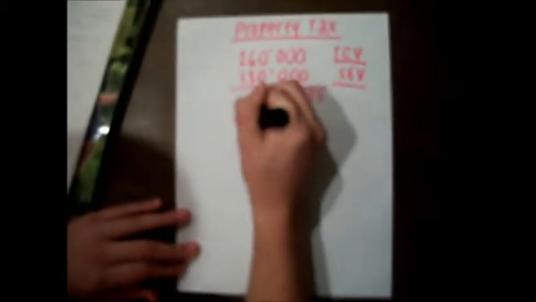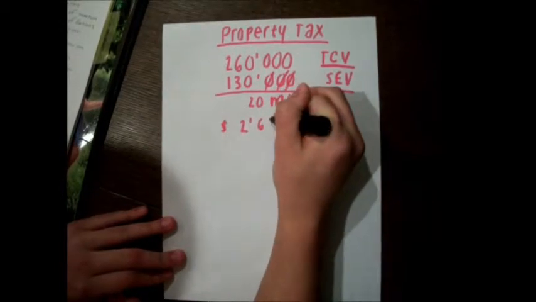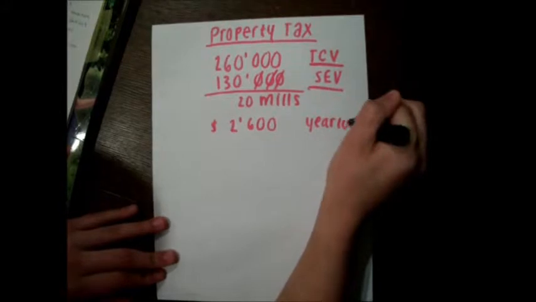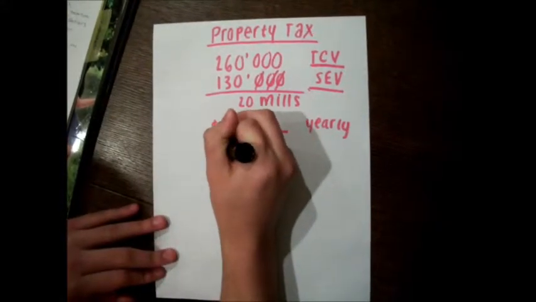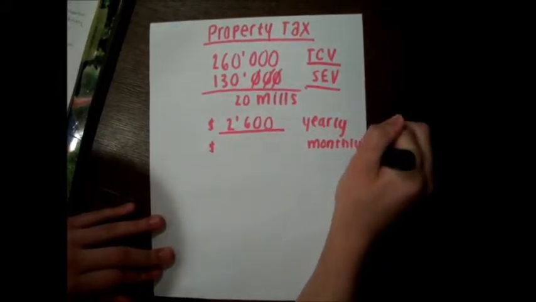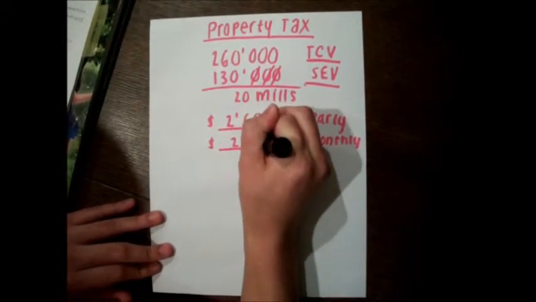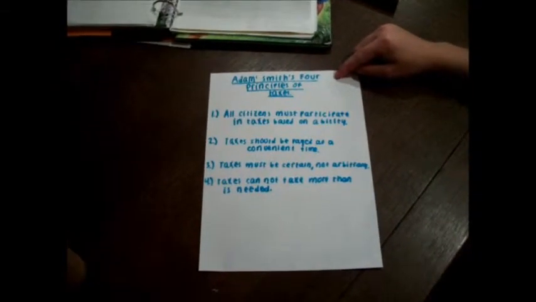If you have 20 mills, then you would multiply 130 by 20, because 1 mill is worth $1 for every $1,000, which would create a yearly amount of $2,600, which you would then divide by 12 to get a monthly amount that might be added to your mortgage, which would be $217.